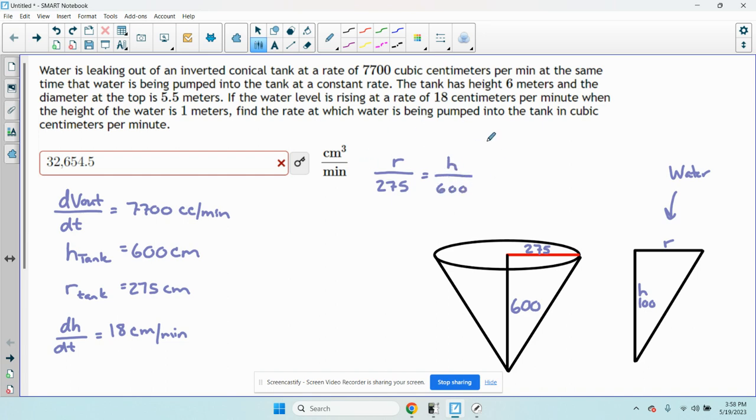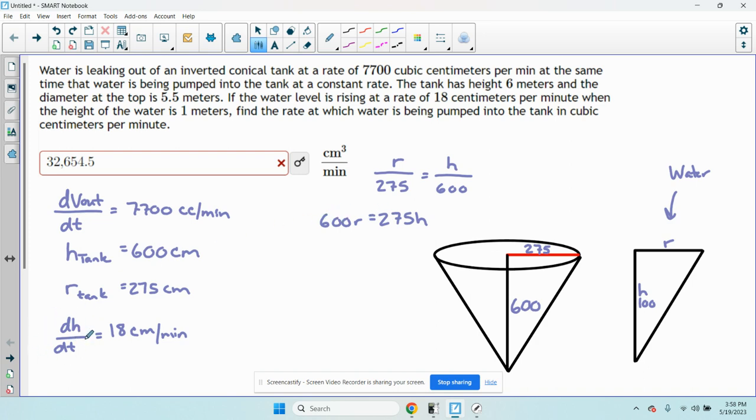If I cross multiply and solve this, I get 600 R equals 275 H. Now in the video, the instructor solved this thing for H to replace H in the formula with something involving R.